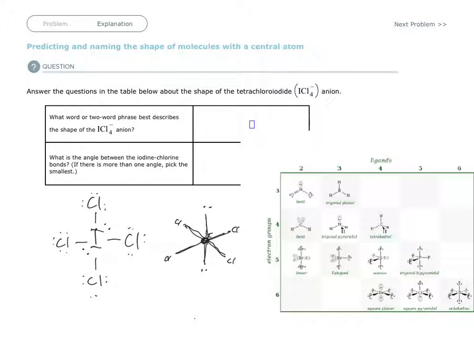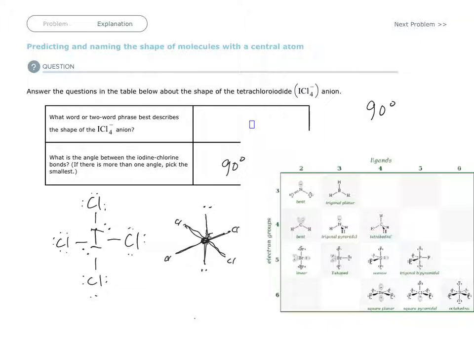Then straight up out of the paper is a lone pair, and straight down into the paper is a lone pair. So these guys are going to be 90 degrees apart. All right, so that'll be my answer. What's the angle? 90 degrees.